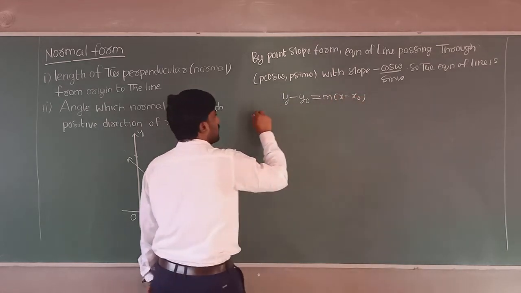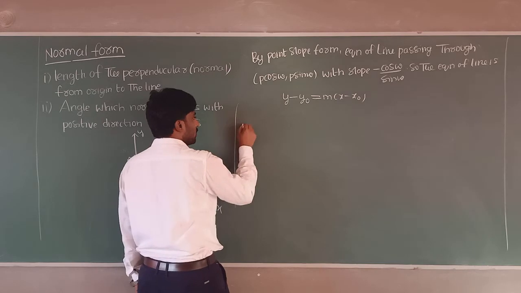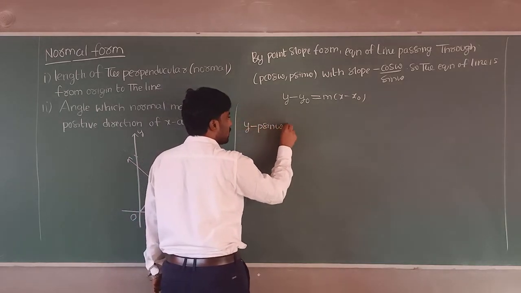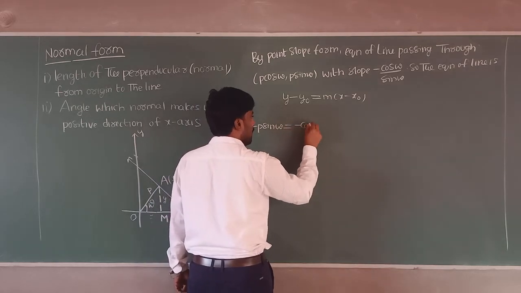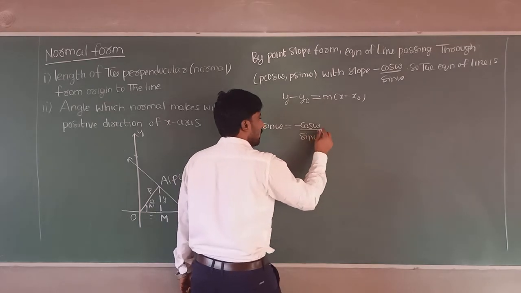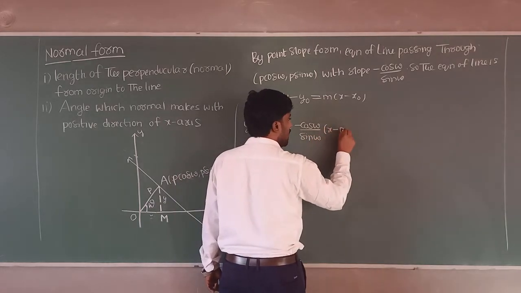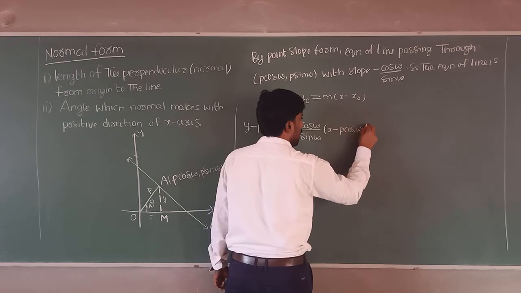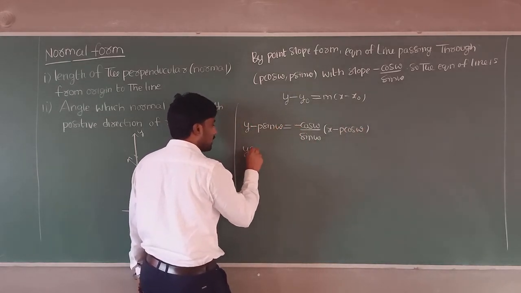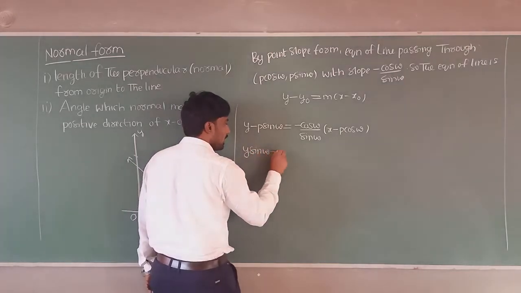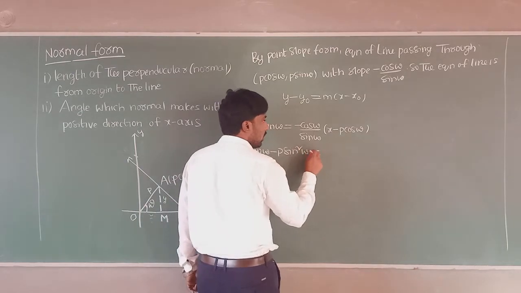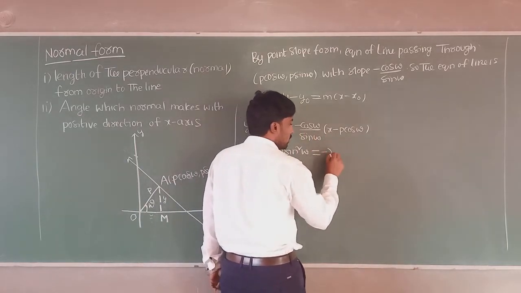So now what is here? Y minus y naught here. So y minus p sin omega, which is equal to minus cos omega by sin omega into x minus p cos omega. Okay. Now, if I cross multiply this side, what am I getting here? Y sin omega minus p sin square omega, which is equal to, if I multiply this side, so what will I get?